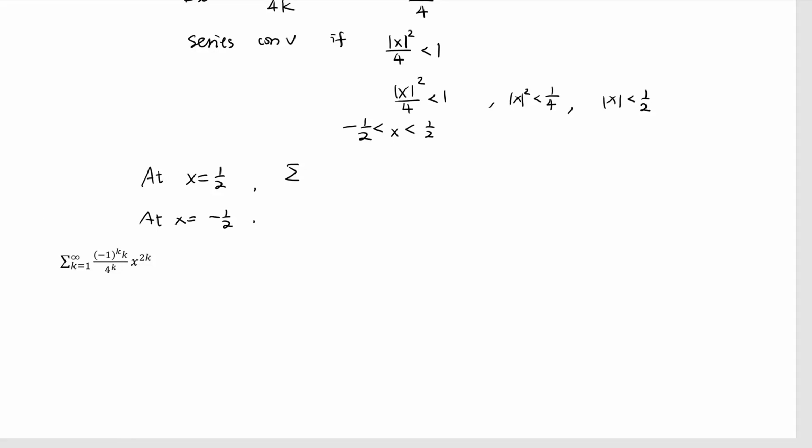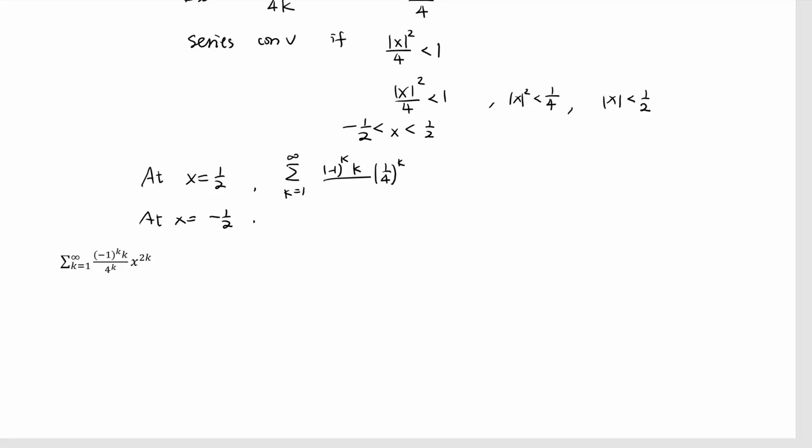When we plug in x equals 1/2, 1/2 to the 2k is like 1 over 4 to the k, right? So we have the sum for k from 1 to infinity of (-1)^k, and this is 1 over 4 to the k over... did I do something wrong?